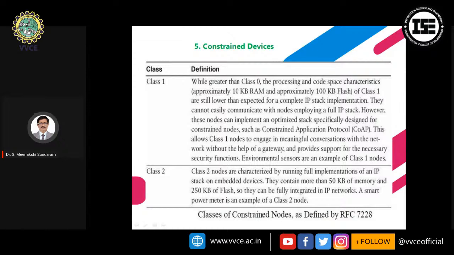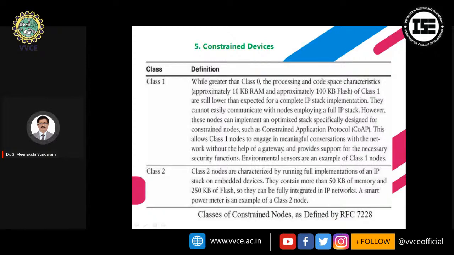These nodes can implement an optimized stack specifically designed for the Constrained Application Protocol, CoAP. This allows class 1 nodes to engage in meaningful conversations with the network without help of a gateway and supports necessary security functions.